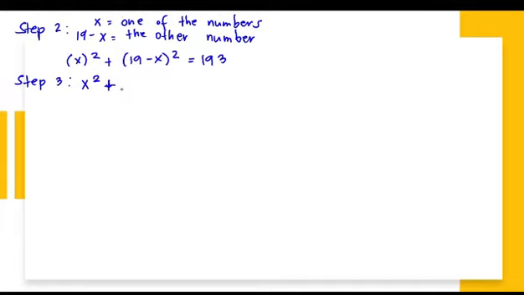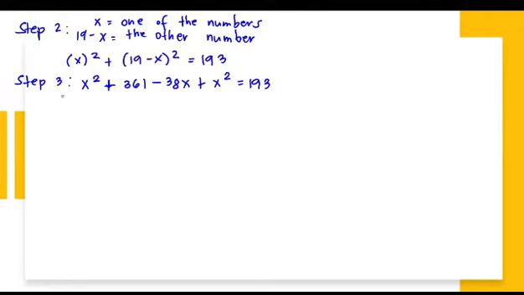So this is now equivalent to the square of 19, which is 361, minus 19 times x times 2 is 38x, plus the square of x, x squared, equal to 193.